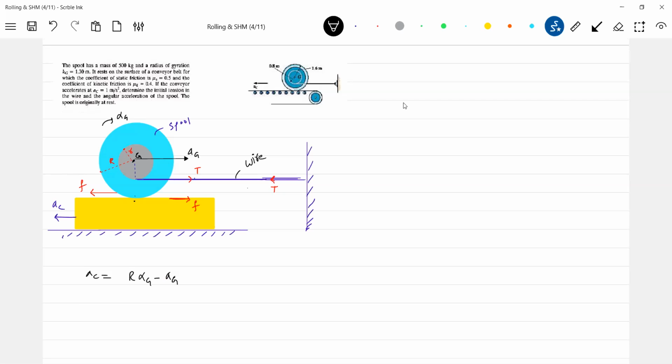Then T minus F equals M AG, then F into R. How many unknowns are there? Check it once. I need one more equation. Am I right? The acceleration of this point should be equal to this one. If you're getting confused, I'll introduce points so that it will be easy for you. For no slipping, AP2 should be equal to AP1.